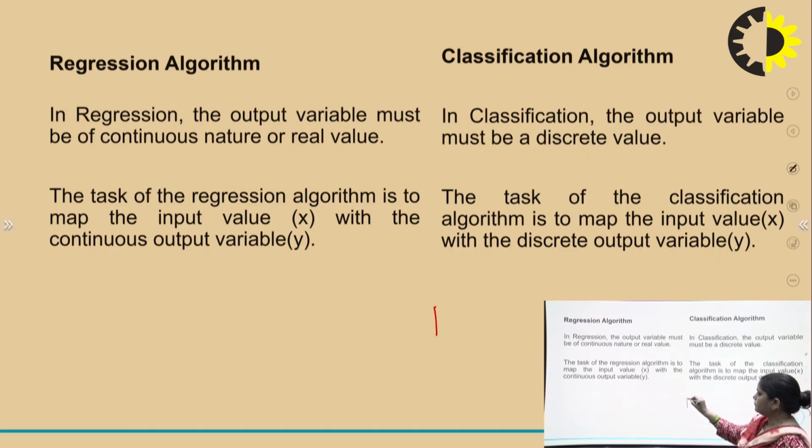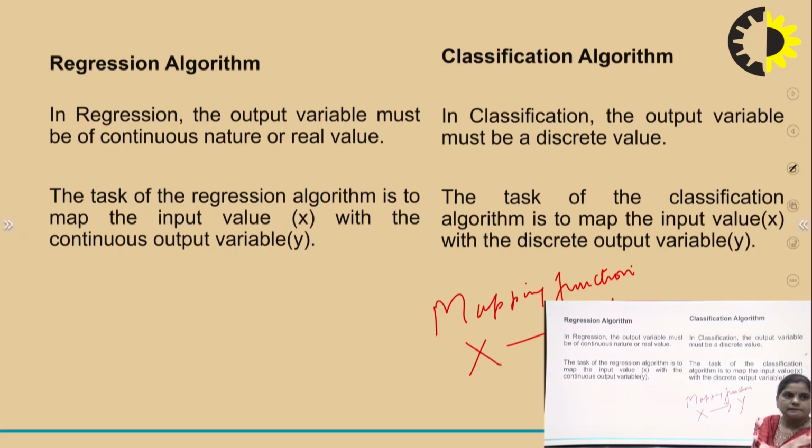Suppose f is the mapping function, so it maps the input value, that is x, and the output is continuous in case of regression and discrete in case of classification.